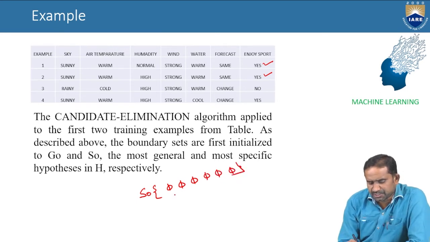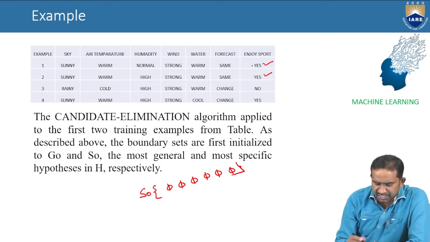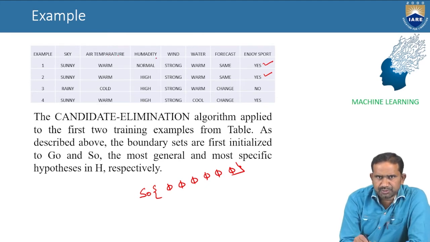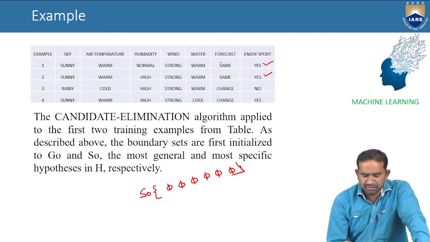The number of attributes depends on the training attributes. Here there are 6: sky, air temperature, humidity, wind, water, and forecast. So we take 6 null values as the specific hypothesis.